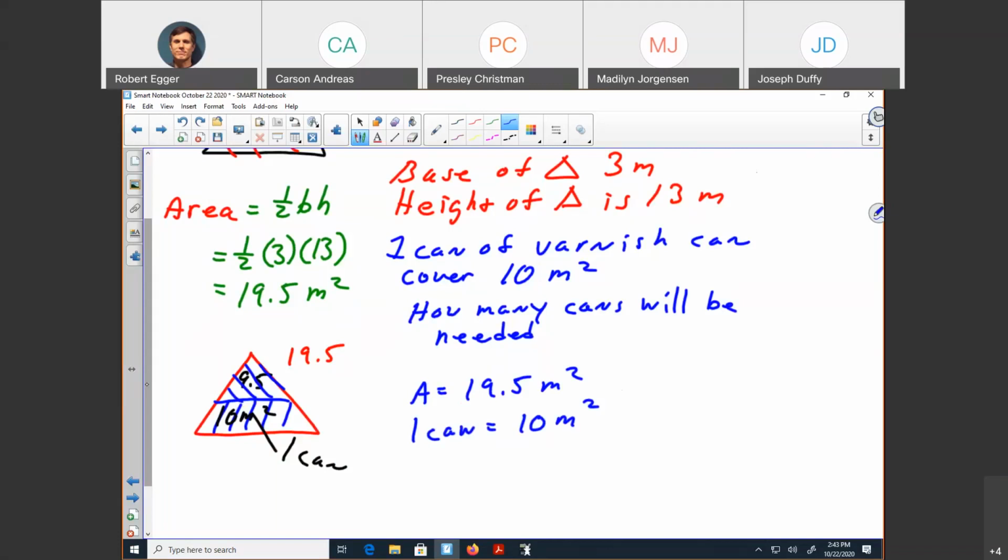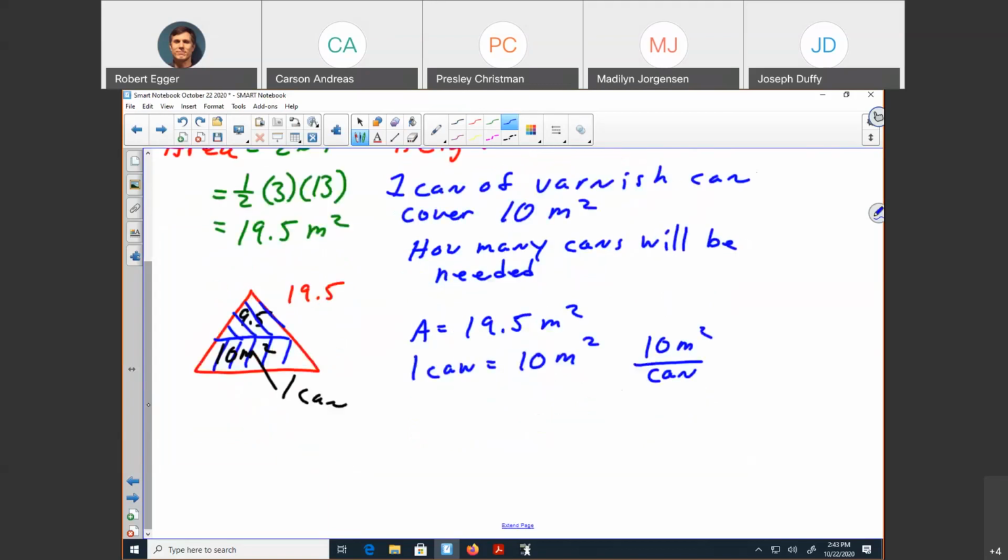So my coverage is 10 meters squared per can.